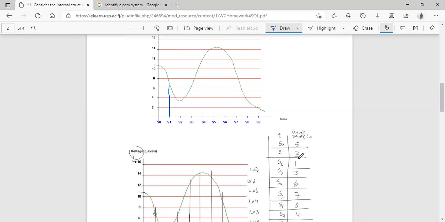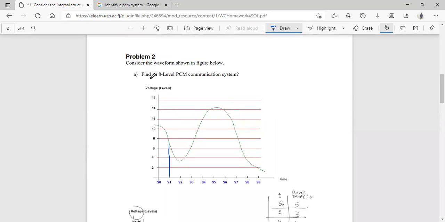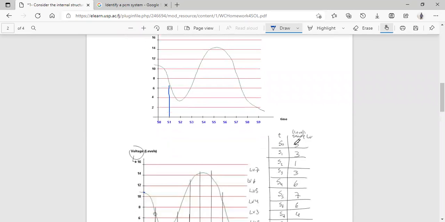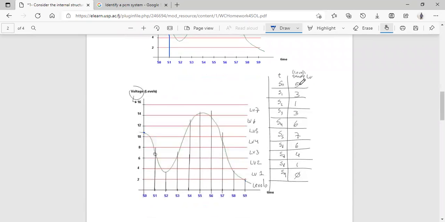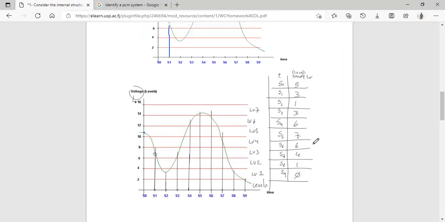Now, once you have these values, you can see the maximum value in this particular case is 7. And the value 7 can be represented by a 3-bit system, isn't it? If you use a 2-bit system, the maximum value you can cater for is from 0 till 3.